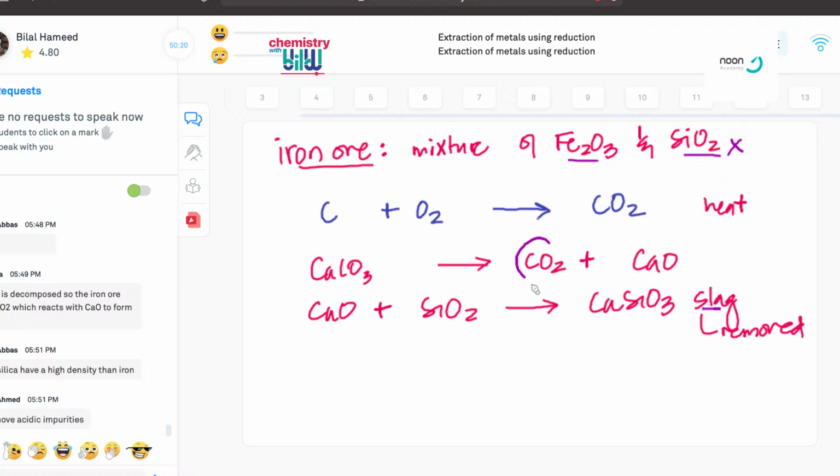And this carbon dioxide and this carbon dioxide are then used to react with more carbon to become carbon monoxide.